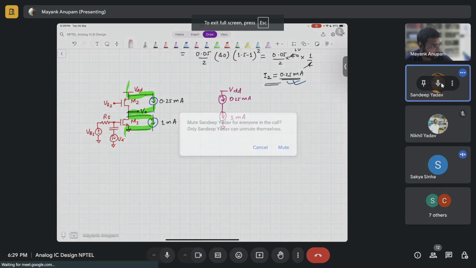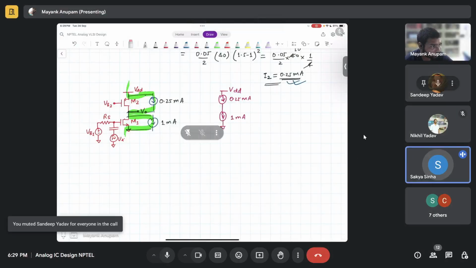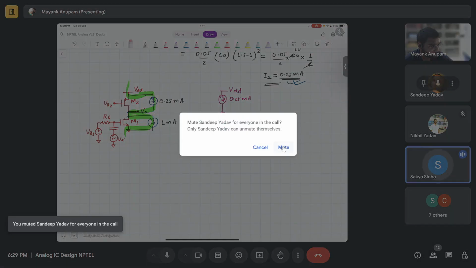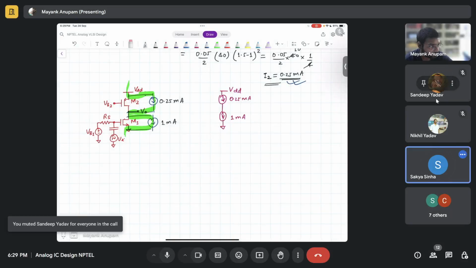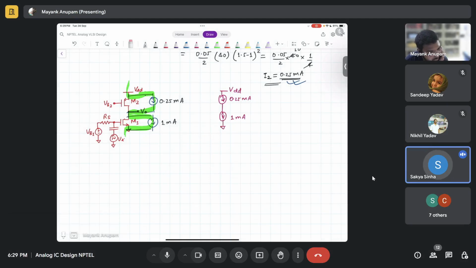What I understand is, if you have a 1 milliamp source, the circuit after that source will get the 1 milliamp current, and before it everything will be 0.25 amp. Okay. So let's look at it in another manner.